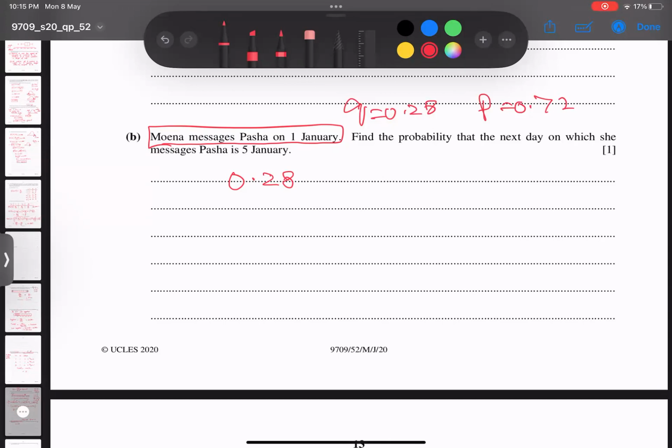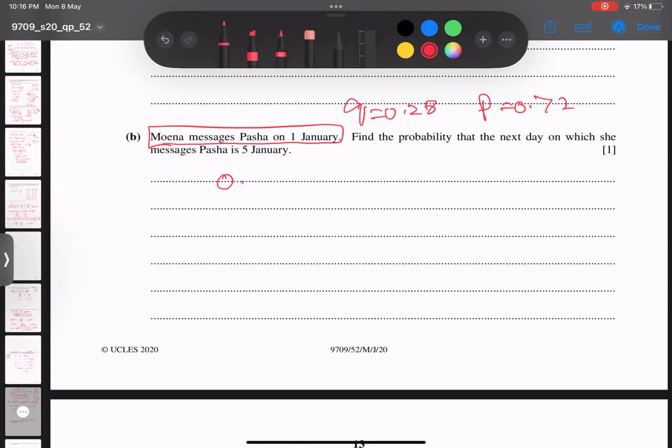Yes, so we can say 0.28 to power 2, 0.28 to power 3, 0.28 to power 4. I repeat, day number one, day number two, 3 days, we can say that.